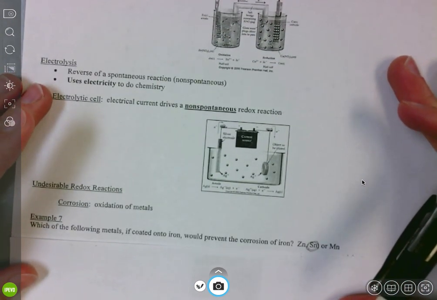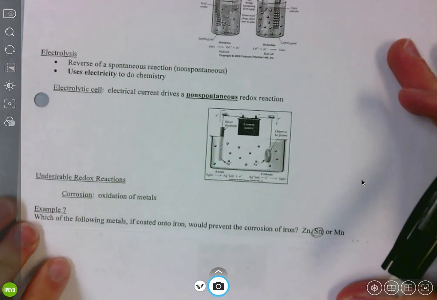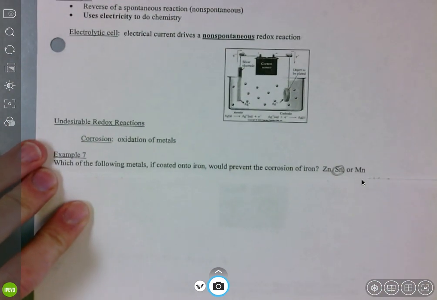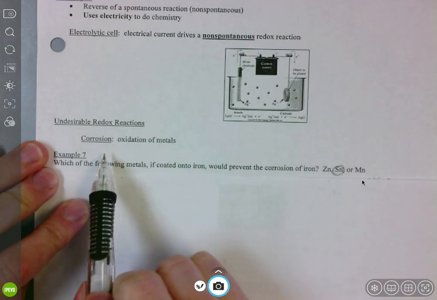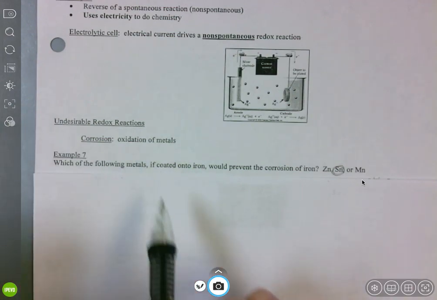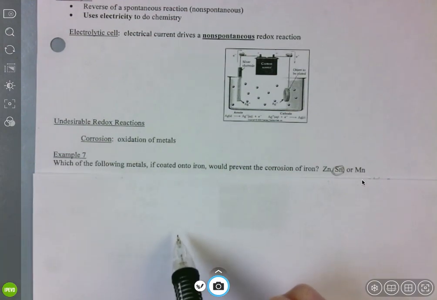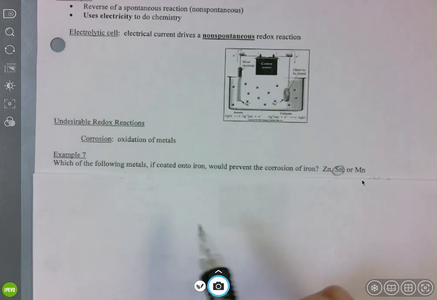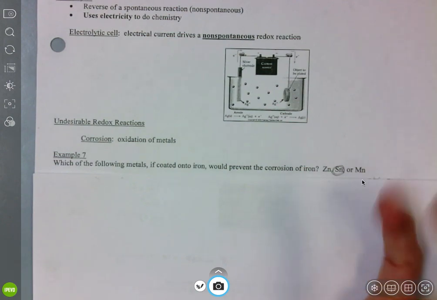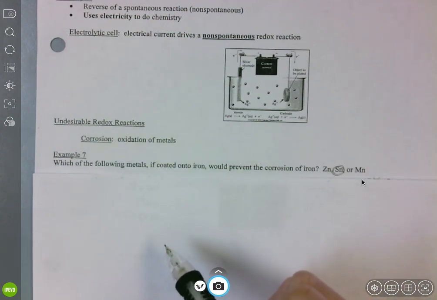Okay, so let's talk a little bit about undesirable redox reactions. So corrosion. Corrosion is the oxidation of metals. It is what causes rust to form on our metals, and rust or oxidation of our metals, corrosion, makes our metals really brittle.